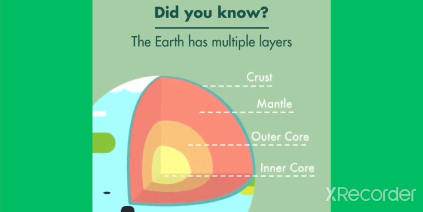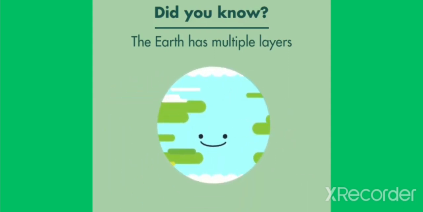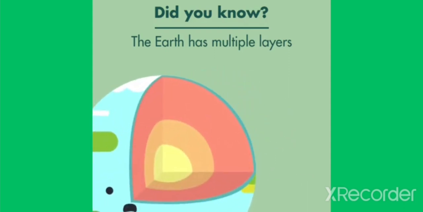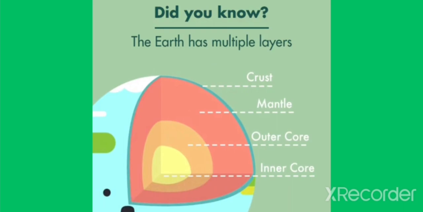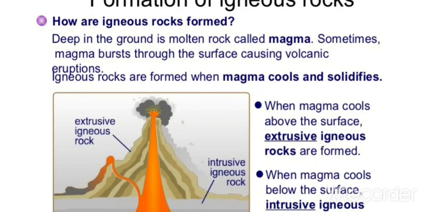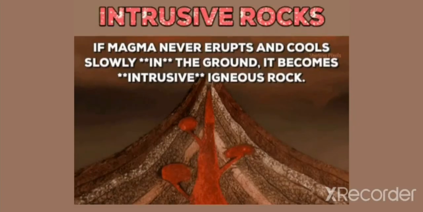The earth has different layers which include the crust, the mantle, the outer core and the inner core. Because the core is usually very hot, there can be presence of melted rock found in the outer crust and the mantle, which is called the magma. Magma is the melted rock.